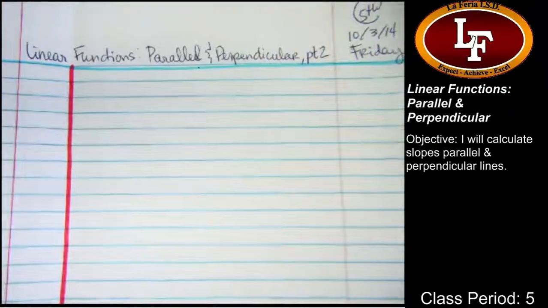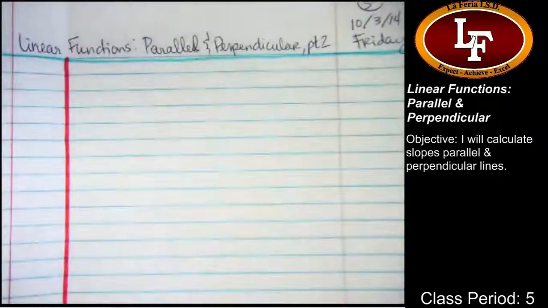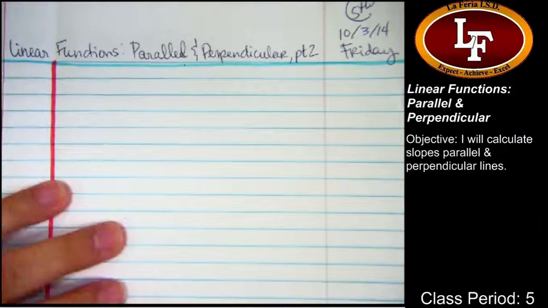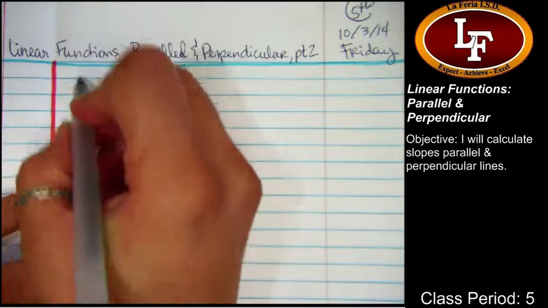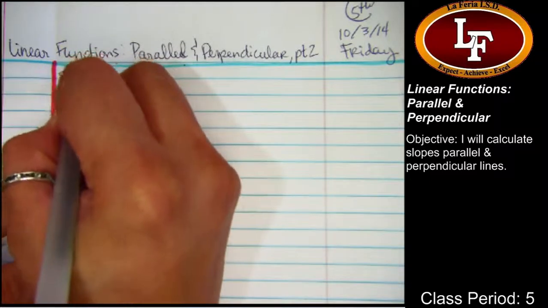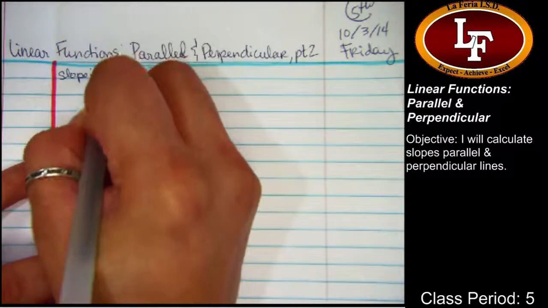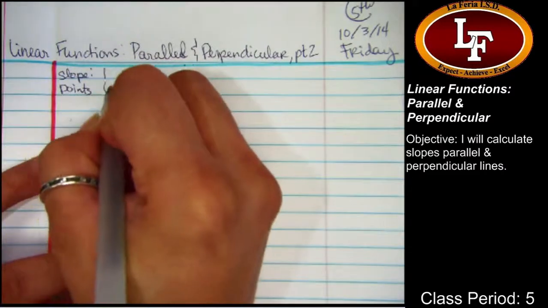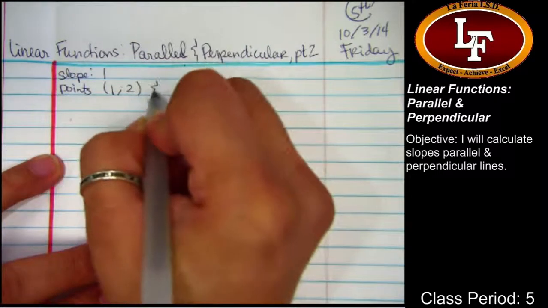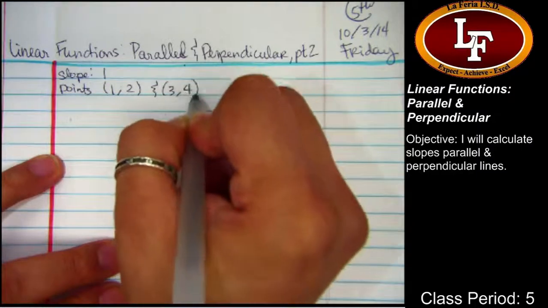All right. So we need to start with point-slope. Let's write down what we have so far. We have the slope of 1. We have some points: 1, 2, 3, 4.